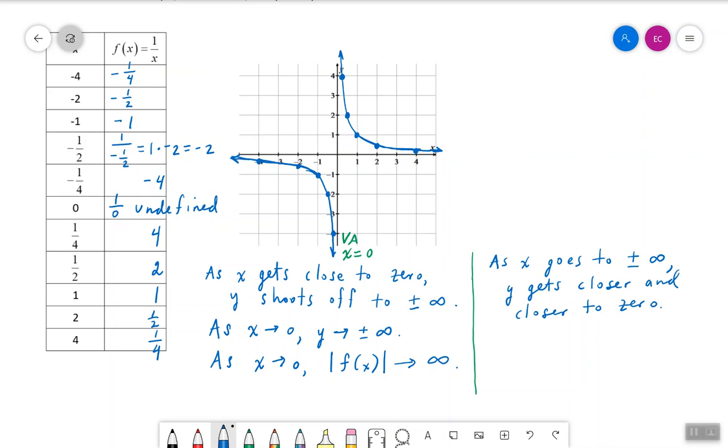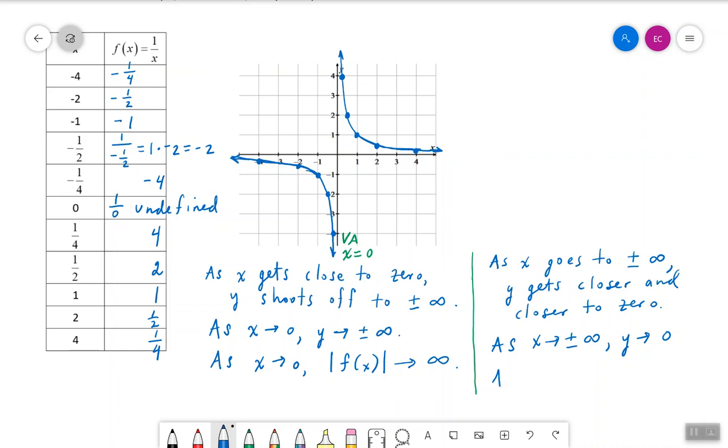And it's the same thing at the left end of the graph. As x goes to negative infinity, y gets closer and closer to 0. So we could rewrite that as x approaches positive or negative infinity, y approaches 0.